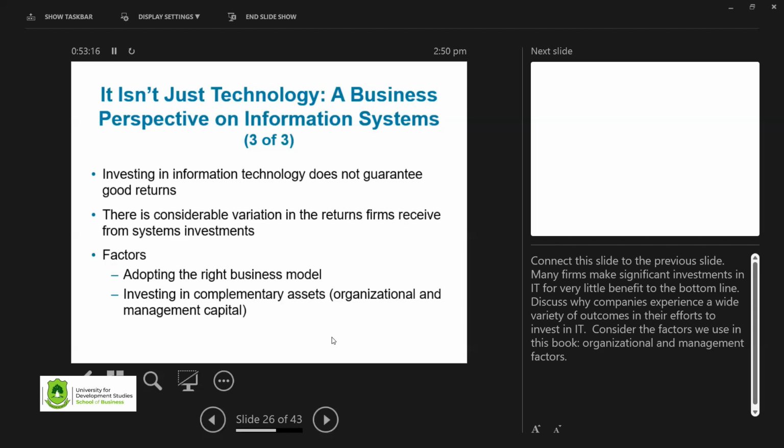A typical example of a complementary asset is labor. Your organization goes to buy expensive gadgets, they computerize every process in your organization, but they refuse to pay for your training in London. What happens? You will be there and say, I don't know how to use it. So it will be there and it will gather dust.